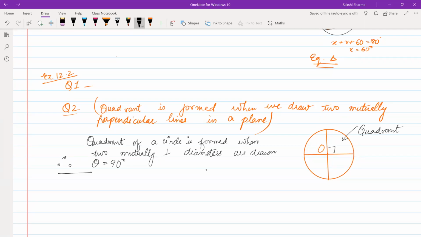And quadrant is actually a sector. As you can see, it's bound by 2 radii and an arc with central angle equals to 90 degrees.